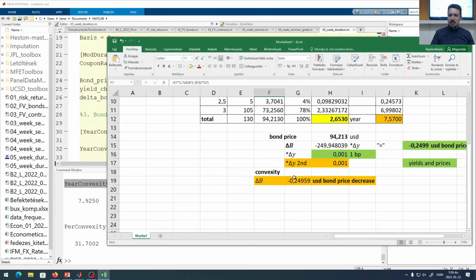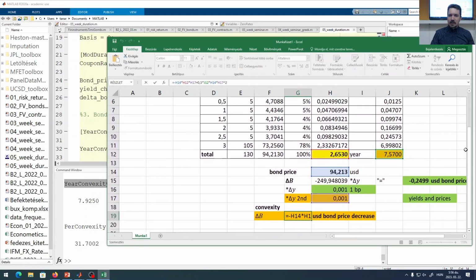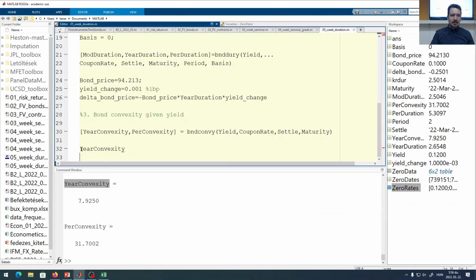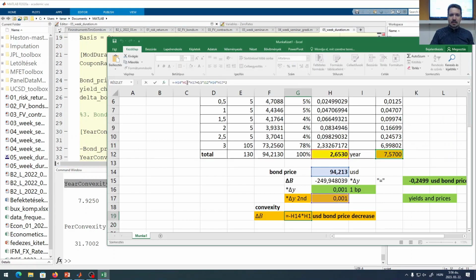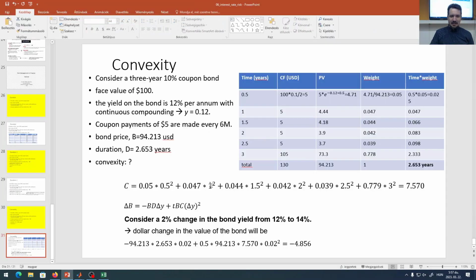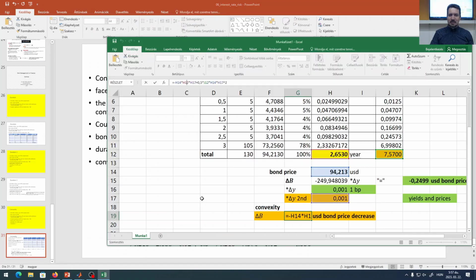So still the same change will be there, okay, so minus something. Bond price multiplied by, let's take the function, so multiplied by the duration.